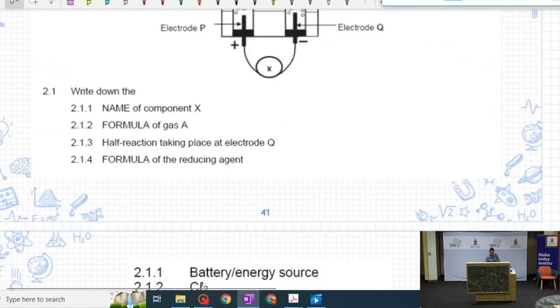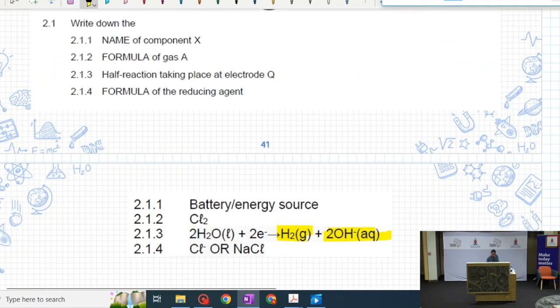Okay, last question. They said the formula of the reducing agent. Is the reducing agent reduced or oxidized? It's oxidized. If it gets oxidized, does it gain electrons or lose electrons? It loses electrons, and it is our chlorine ions, specifically the ions, that are undergoing oxidation, and is therefore the reducing agent.